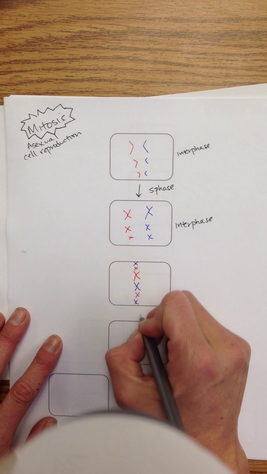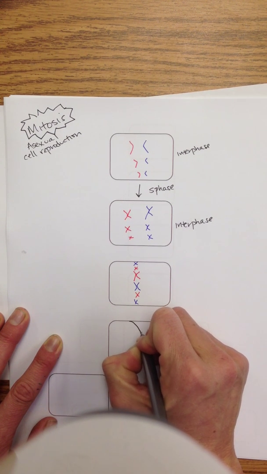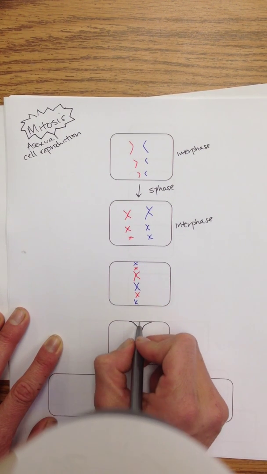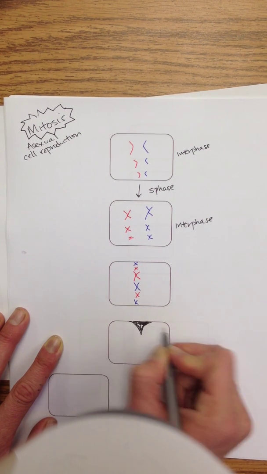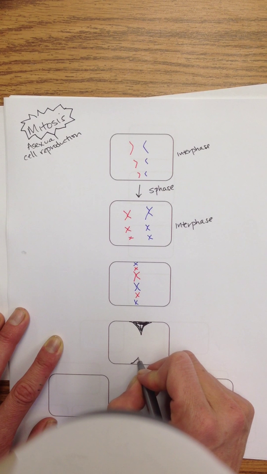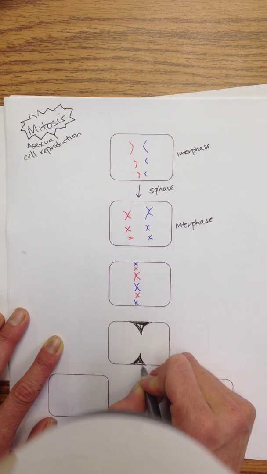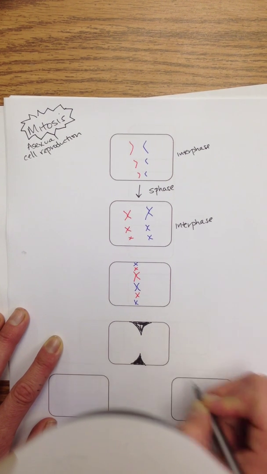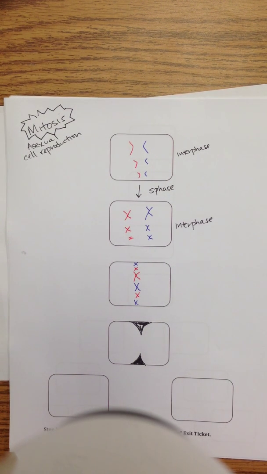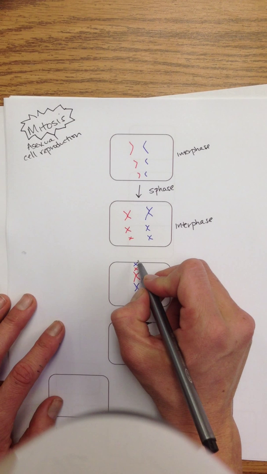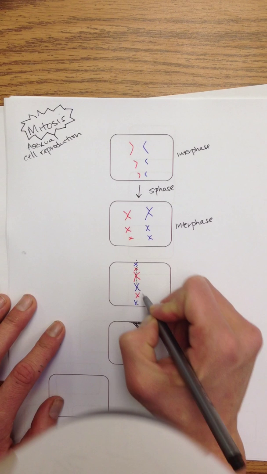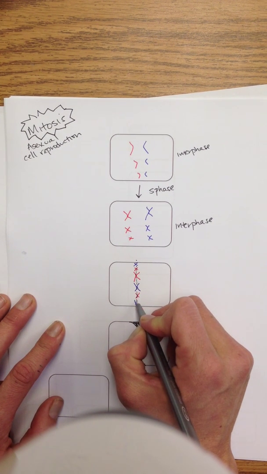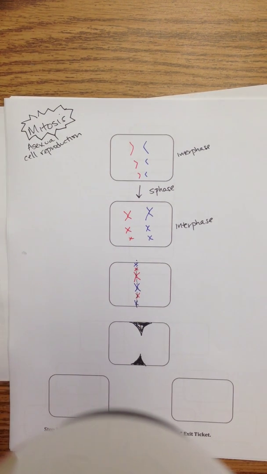So basically, here's the cell starting to divide. And essentially, it's like something came through here and pulled these 2 duplicated pieces of DNA apart.